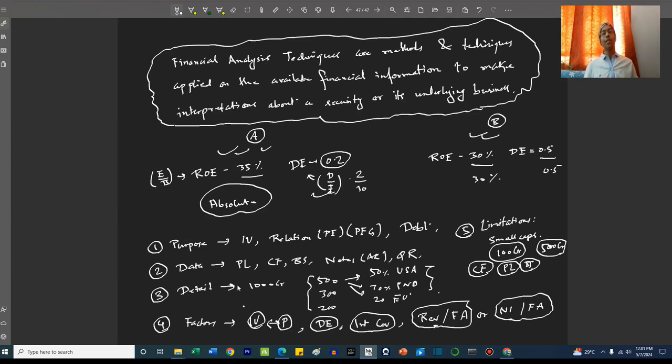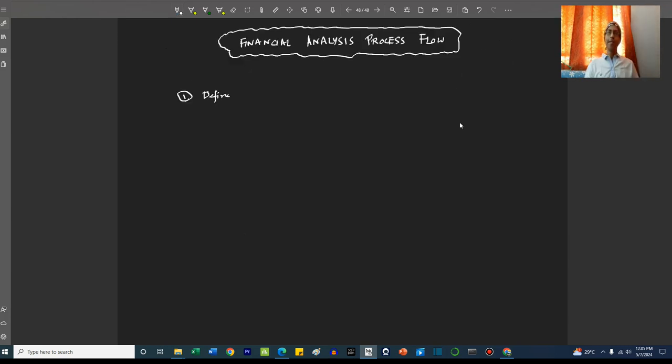Now we will try to construct a flow or a process through which the financial analysis is done. The first step that we have to take is to define the purpose of the analysis. So the question here is, are you trying to find out the intrinsic value of the company? Or are you trying to do a credit rating of the debt that the company has?